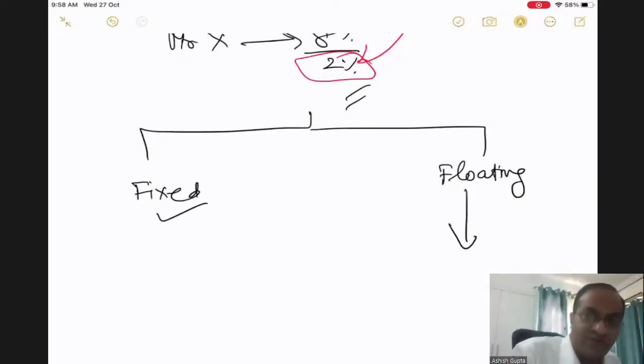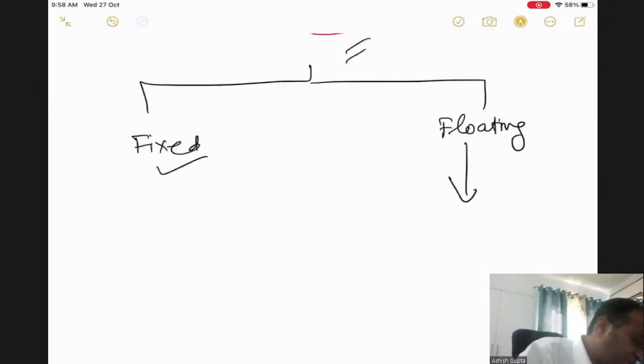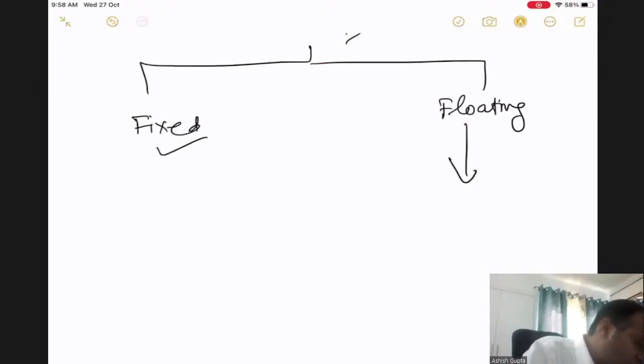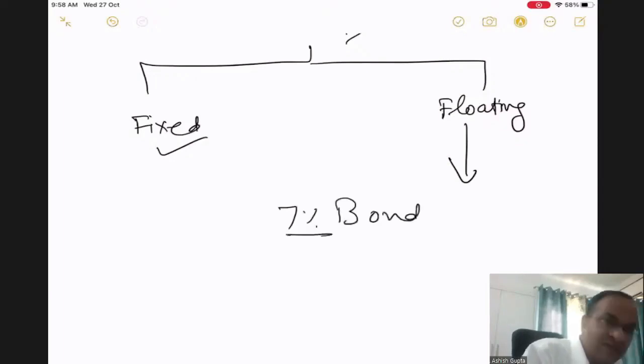Floating means that it keeps on changing. Suppose today I invest in a bond at 7%. This is fixed, so if the rate of interest becomes 9%, this comes in the fixed category.